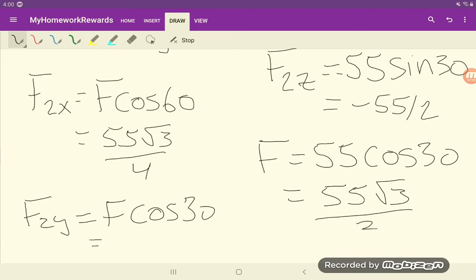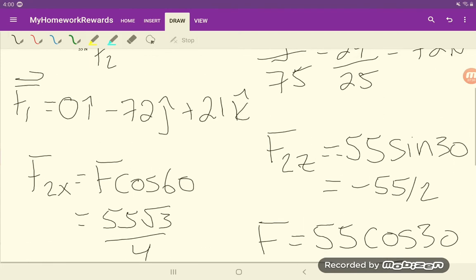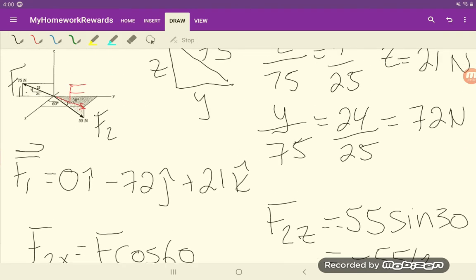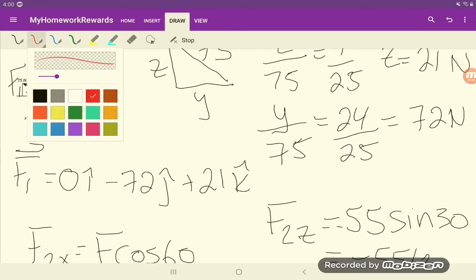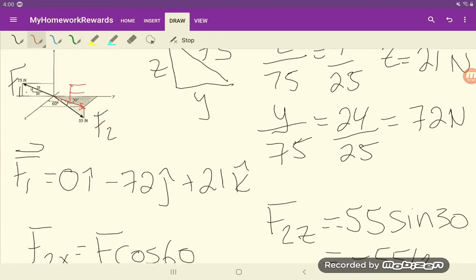And that's going to give us 165 over 4. You might also notice that the y component of this force here is also 60 sine of 60 degrees, because it is opposite to the 60 degrees.